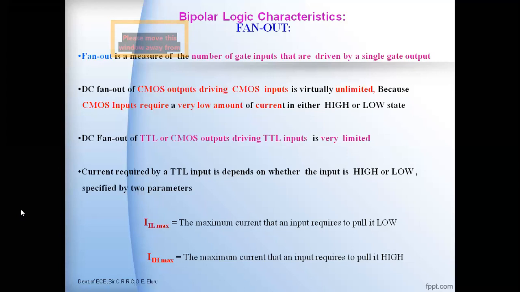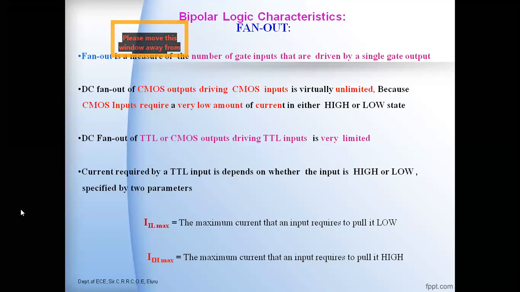There are two current parameters, IIL maximum and IIH maximum. IIL maximum is the maximum current an input requires to pull it low, and IIH maximum is the maximum current an input requires to pull it high.